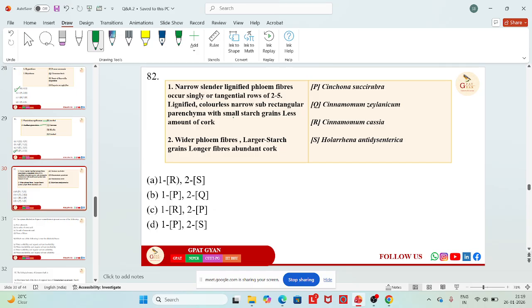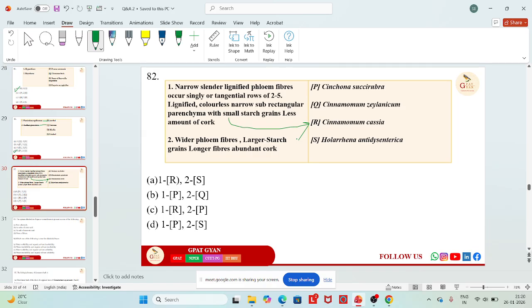This is the parameter or characteristic for cinnamon cassia. This microscopy cannot be remembered always. So whenever you are going through this recorded video of this lecture or the PDF, you just remember that so that you can memorize well.